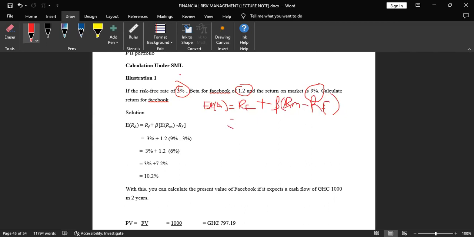So the risk-free rate is 3%, so we put our 3% here, plus our beta, which is given as 1.2. Then the return for the market is 9%, and risk-free is 3%.